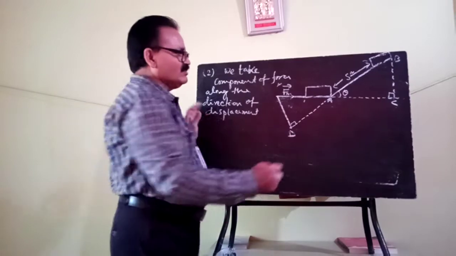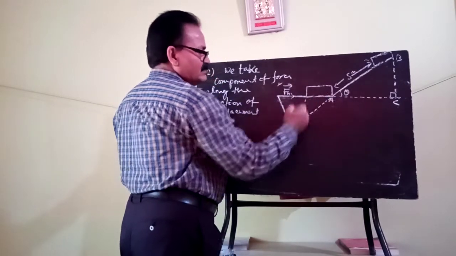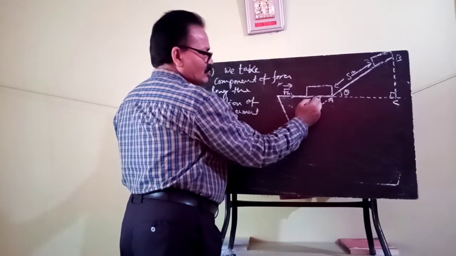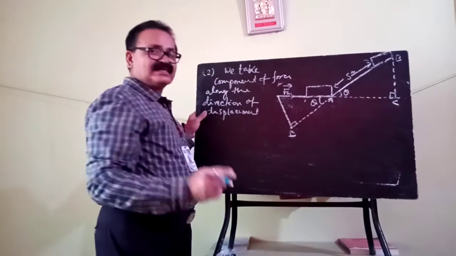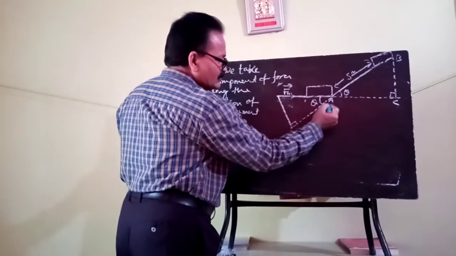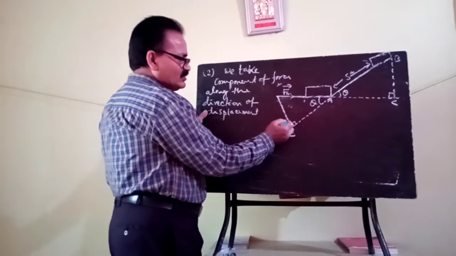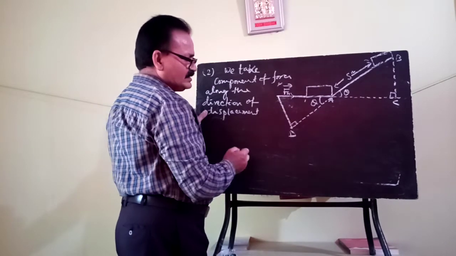Clear? So now you see here you have formed this angle, which will also become theta because of the vertically opposite angle. So now this will be treated as your base, and this will become 90 degrees.